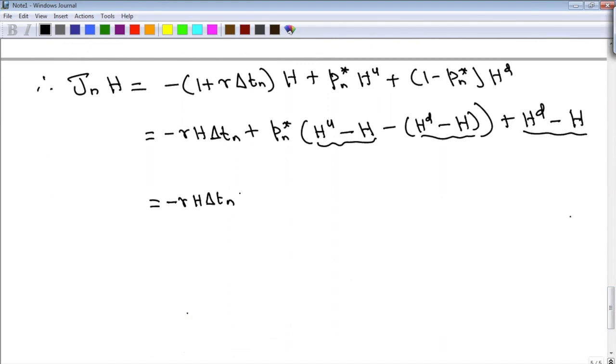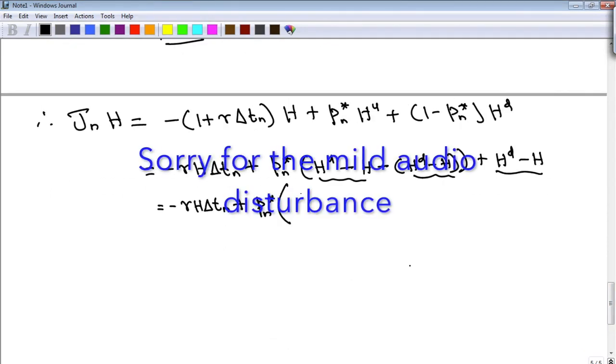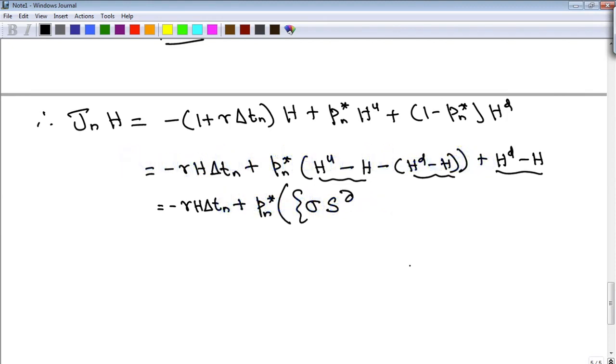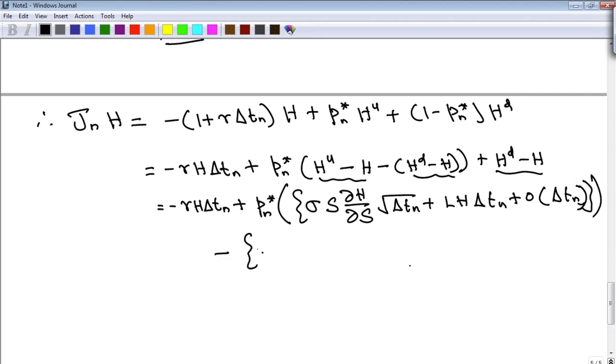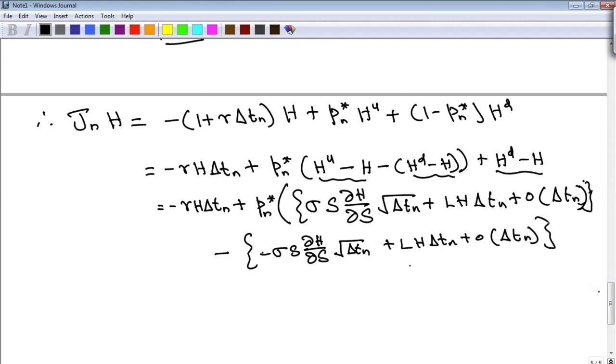That gives us, the first term is as it is, Pn star into sigma s dou h by dou s root delta Tn plus LH delta Tn plus order of delta Tn, that comes in the first term, minus second term is minus sigma s dou h by dou s root delta Tn plus LH delta Tn plus order of delta Tn, right?